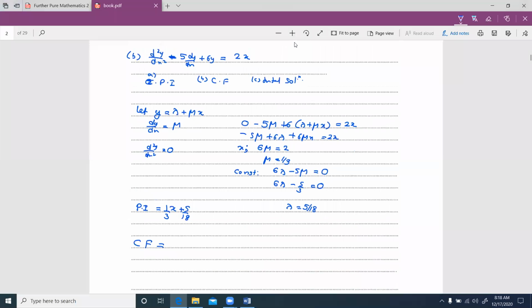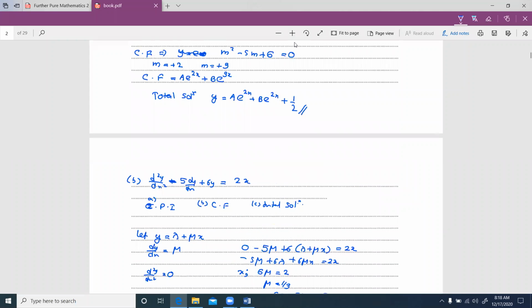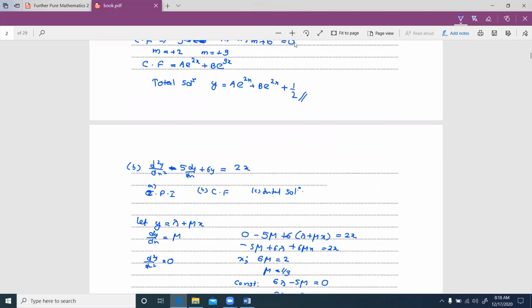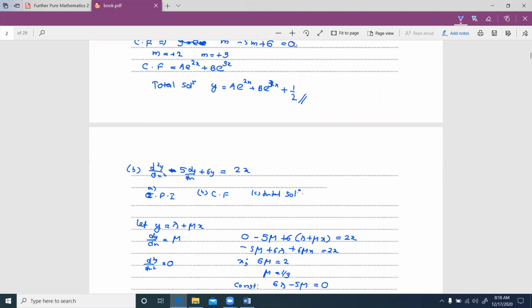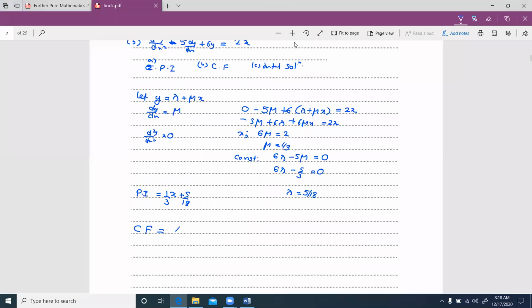CF is equals to the value you get, it's not 2x, it's just 3x. This is a e to the power 2x plus b e to the power 3x.